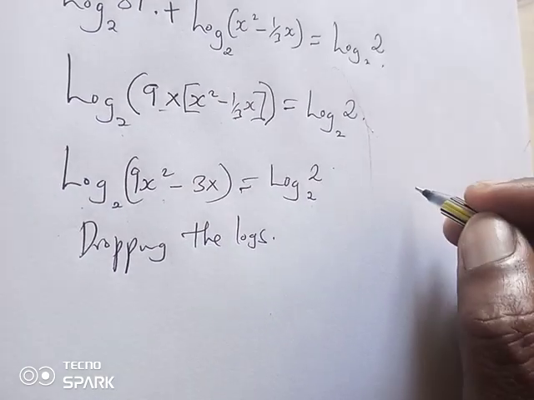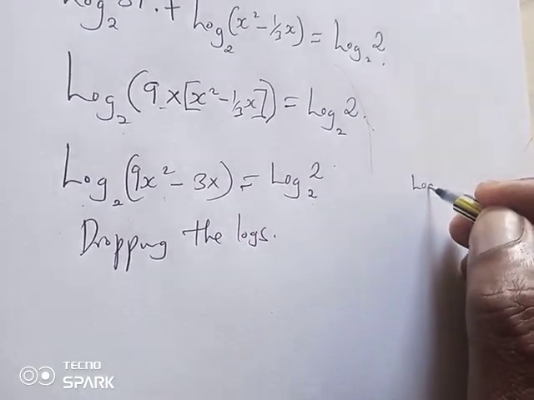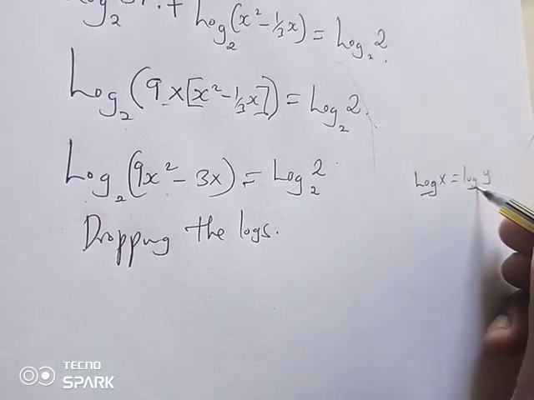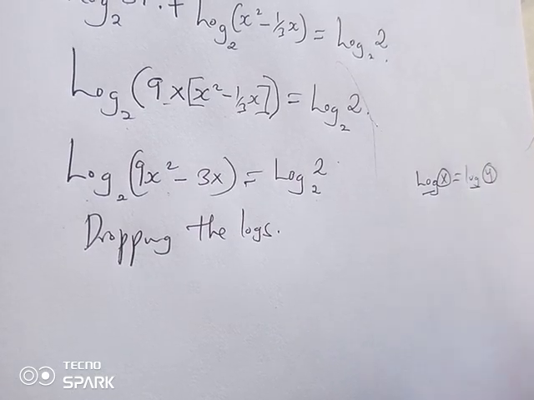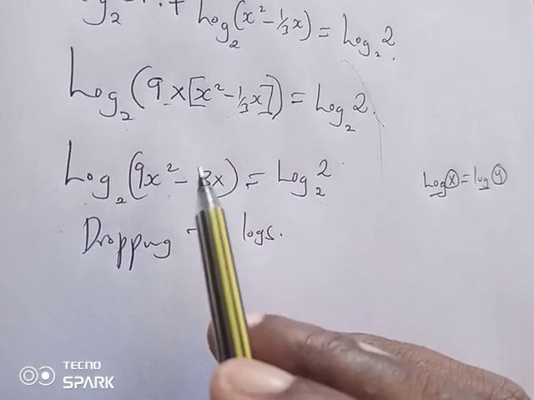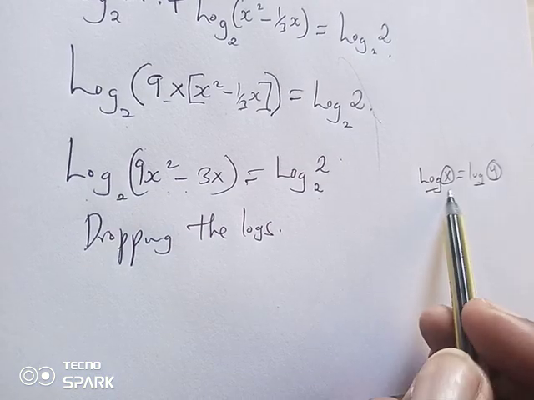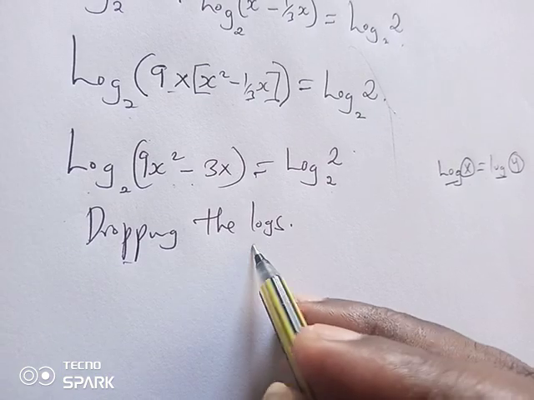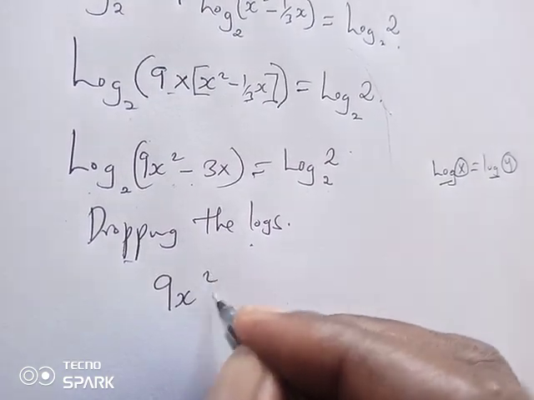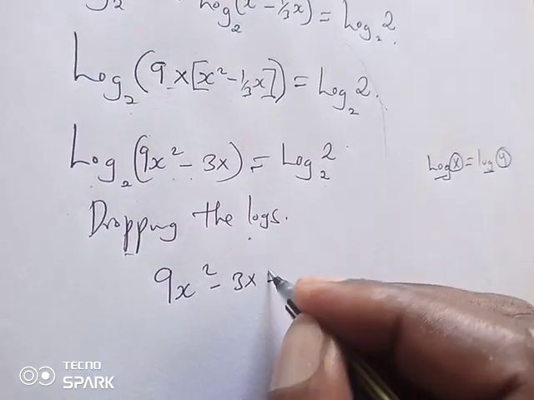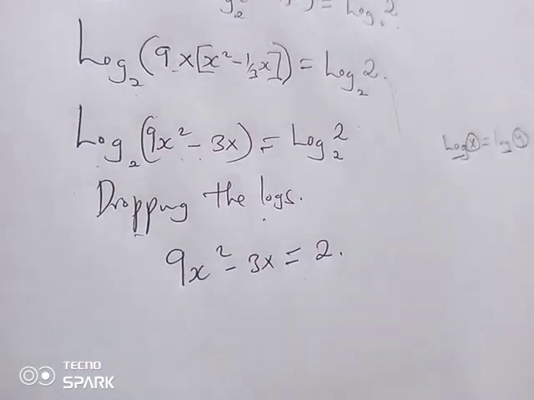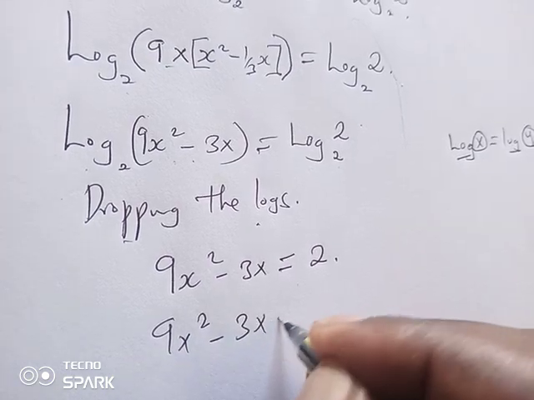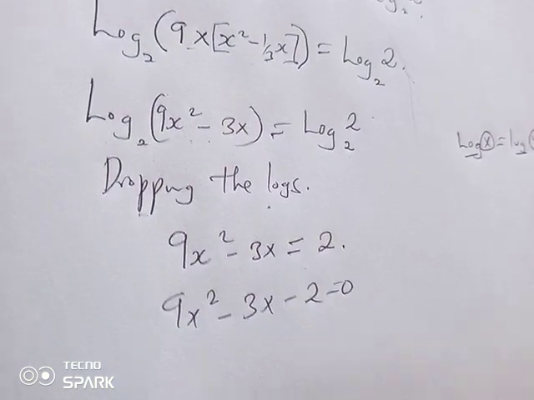In short, if log of x is equal to log of y, then log represents log, and therefore x is equivalent to y. So this is the whole of my x, and this is the whole of my y. Therefore we drop the logs, and 9x squared minus 3x is equivalent to 2. So this is a quadratic equation where 2 shall come this side to be a minus.